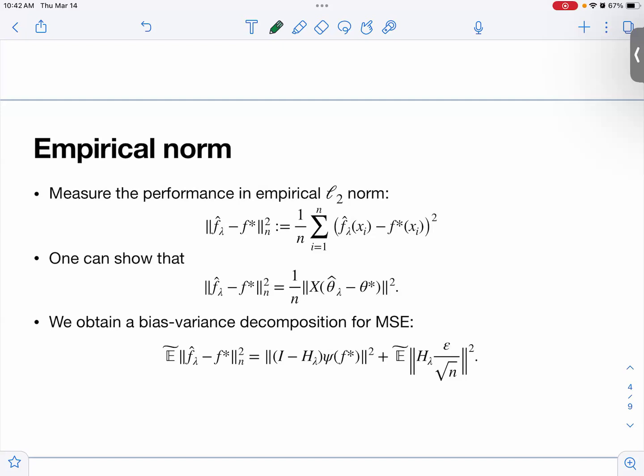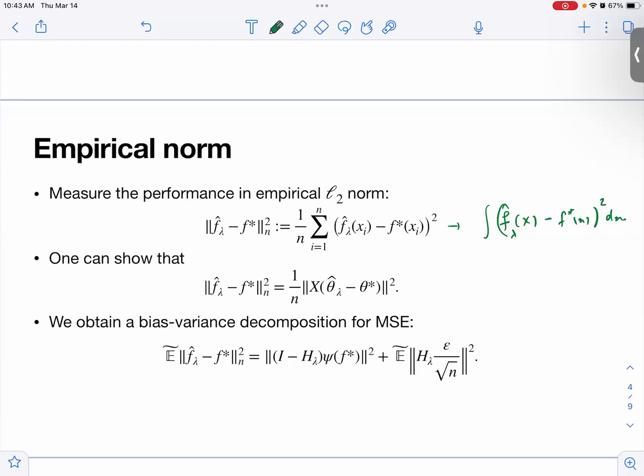We take the deviation of the functions on the training data, squared, and average. If you think of this, it is going to converge to some sort of an integral as the sample size grows, over a random x. So we'll work with this, and then you can write it in this form.